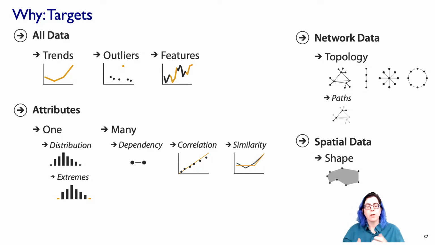What is the shape of this tumor or this tooth, or how does the wind flow over an airplane wing? These are all questions that come down to shape that are relevant for spatial data. If our data is not spatial, then we have choices about how to lay that data out in space. And so the shape is not intrinsic to the data, it's the choice of the designer. So we typically focus on shape exactly and only with spatial data.